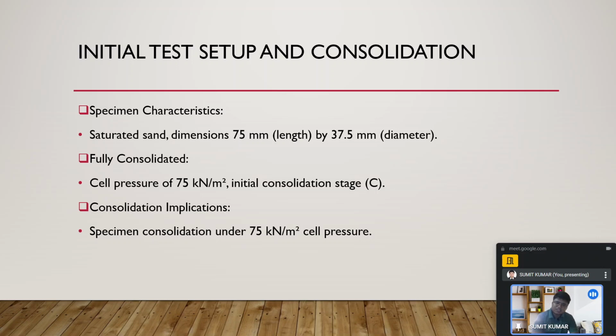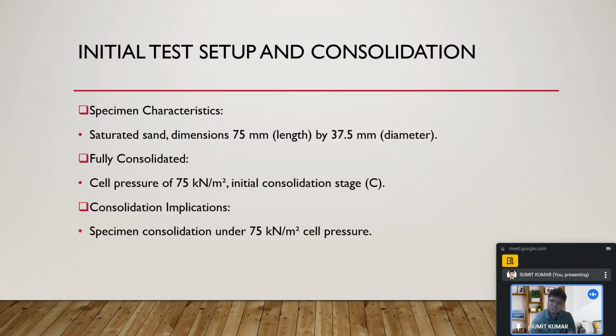Over there a tabular representation is also shown to you. I think you have gone across those lectures, so you will get some insights from there. The saturated sand specimen is taken as 75 mm in length and 37.5 mm in diameter. As we have discussed earlier, the length should be at least twice the diameter for our analysis.